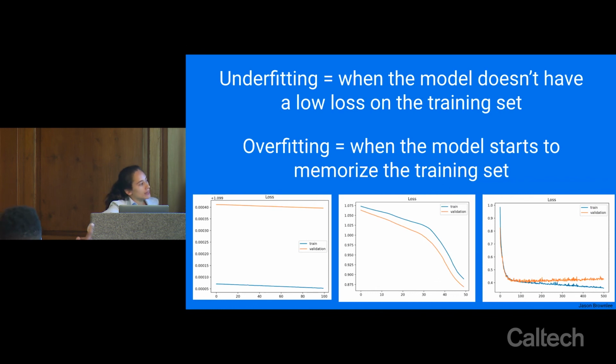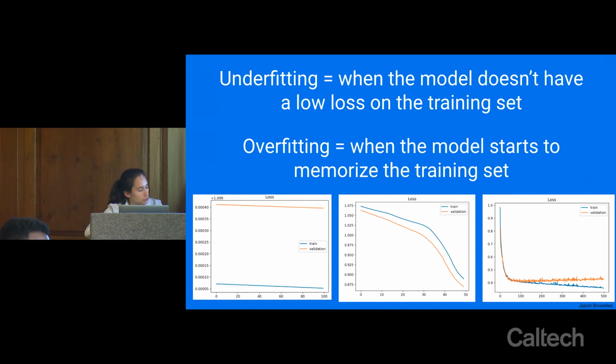What we're looking at here is that the orange curve, which is the validation curve, is rising while the train curve is going down. What that indicates is that on the validation curve, which is the held out data, we're no longer getting a good loss, meaning we're not doing good prediction.